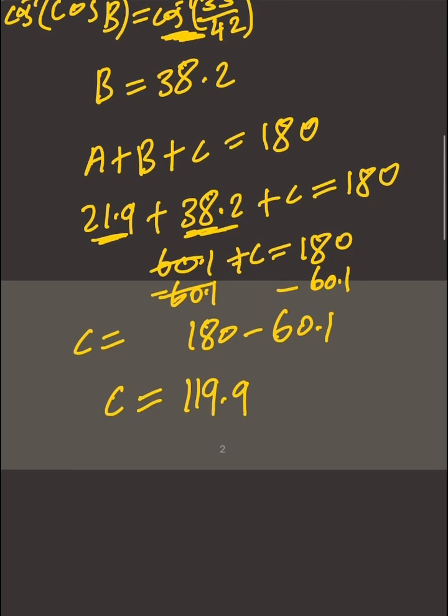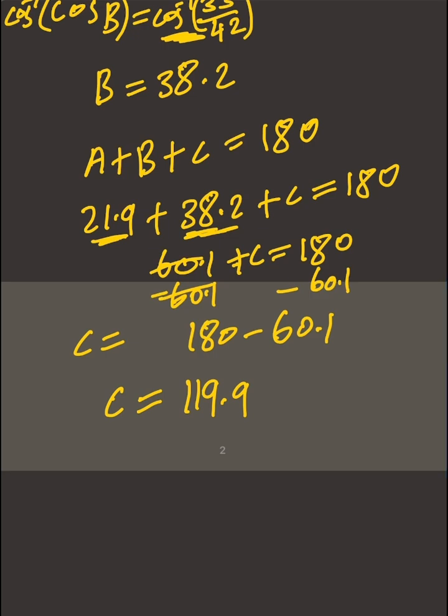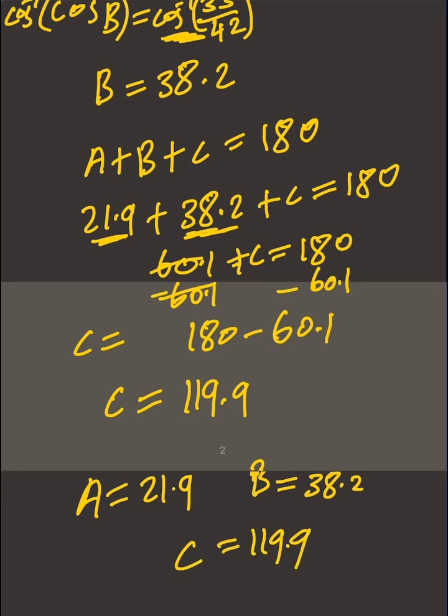So that's it. We are able to find angle A, which is 21.9, angle B, which is 38.2, and angle C, which is 119.9. That's it, thank you so much.